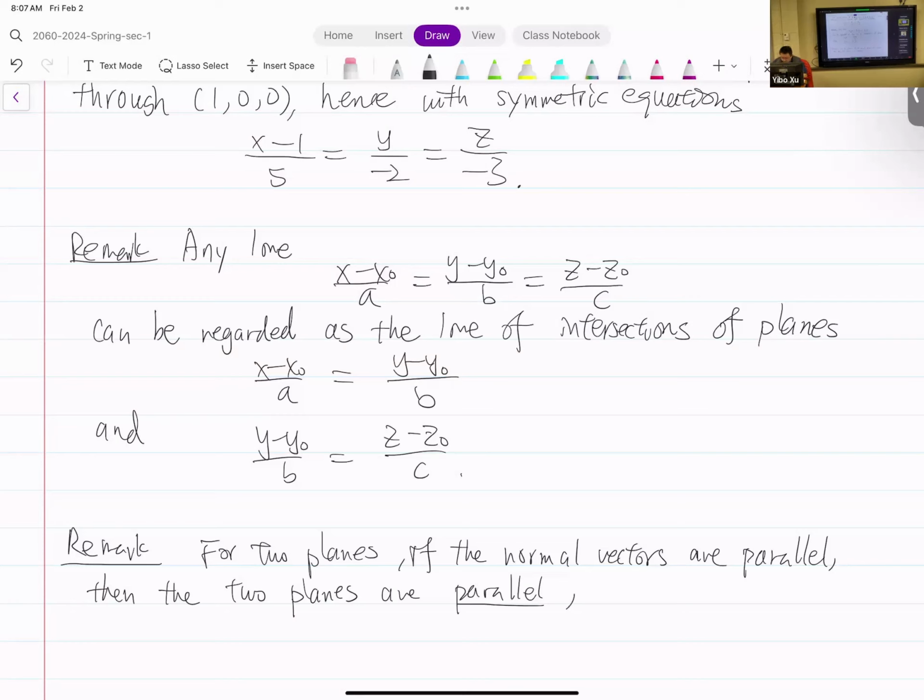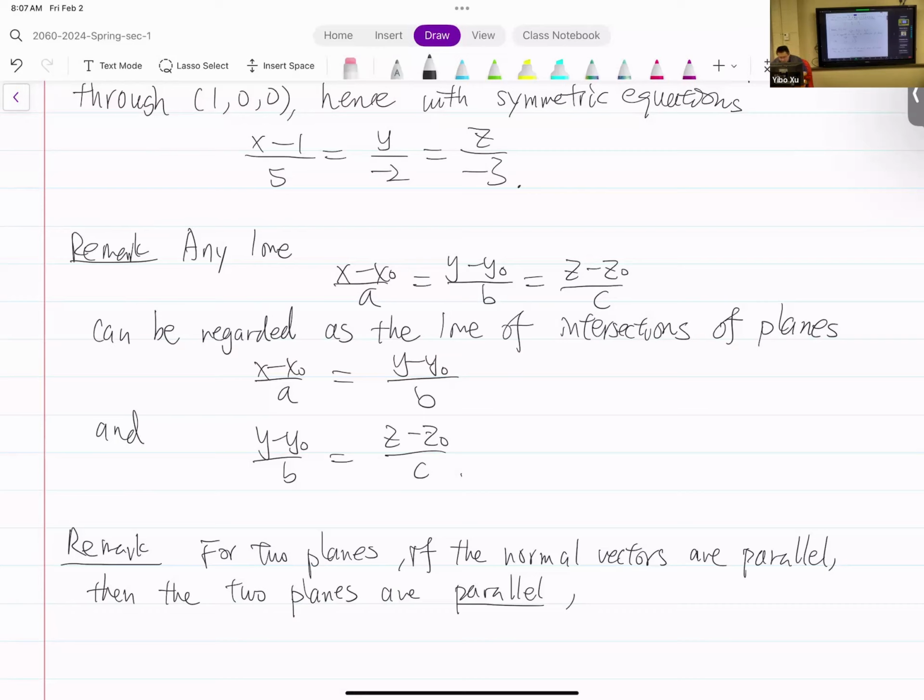So basically, when two normal vectors are parallel, that just means the normal vectors have essentially the same direction. Okay? And it tells you basically you have a line, the normal vector direction, and one of the planes is perpendicular to this ray. There's another plane that's also perpendicular to this ray. Okay? So those planes have to be parallel. Okay? And vice versa.